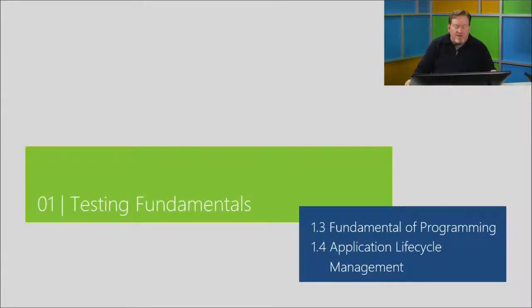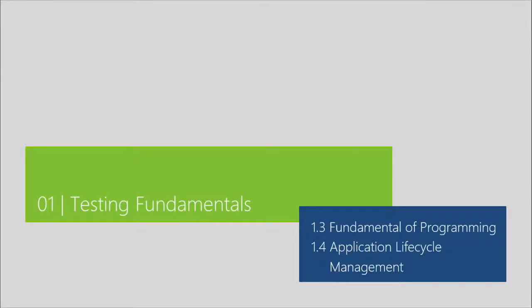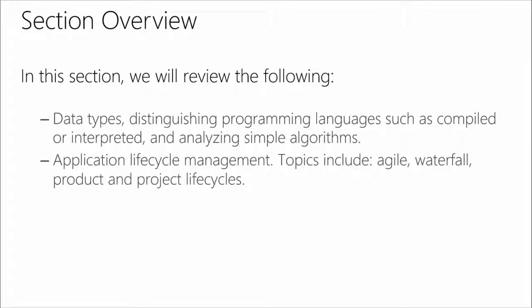So let's move to the second part where we'll talk about the fundamentals of programming and also introduce to you the application lifecycle management. So in this section, we'll review data types. We'll talk about distinguishing programming languages such as compiled or interpreted. We'll also talk briefly about analyzing simple algorithms. Then we'll introduce the application lifecycle management.